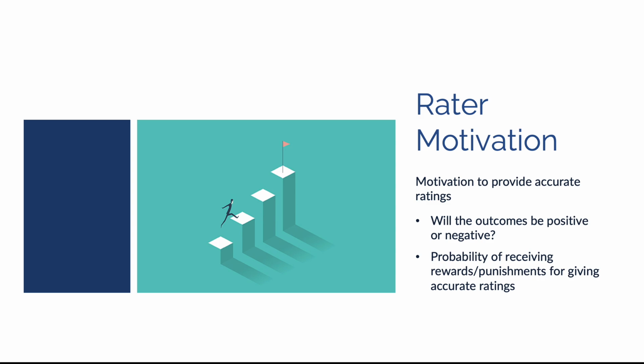So as we mentioned on the prior page, there are lots of opportunities for bias to be introduced into the appraisal process, in part because raters might be differentially motivated. So in some instances, individuals might not be motivated to provide accurate ratings, and this is based on a few things. The first is whether or not the outcomes will be positive or negative.